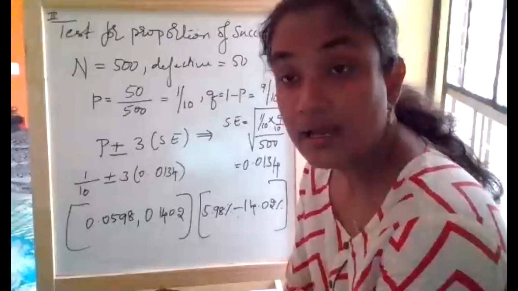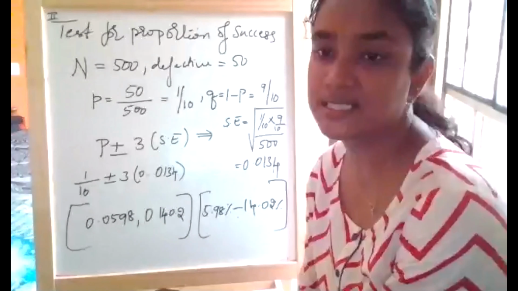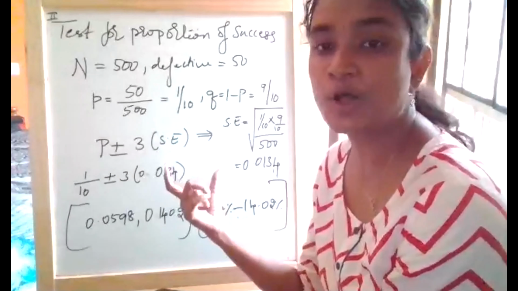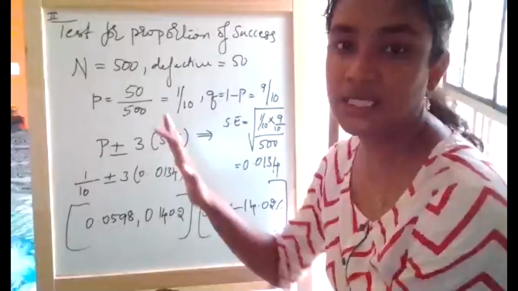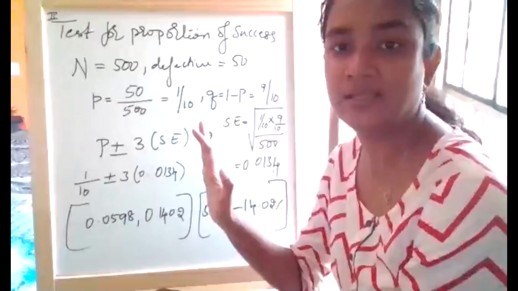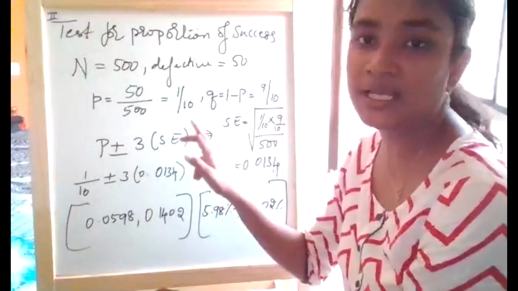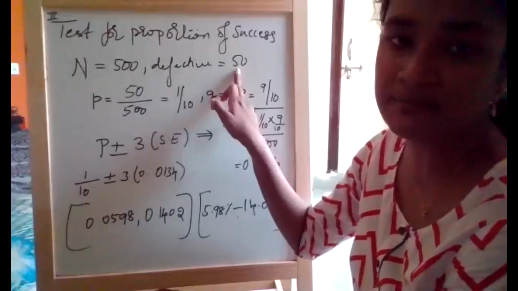For this question, they're not asking us to test the hypothesis. They're just asking us to find out the limits. So for this problem, there is no need to take a null hypothesis. Nowhere did I take an assumed value. All information is given. They only gave us that there are 500 apples and out of them 50 are defective.